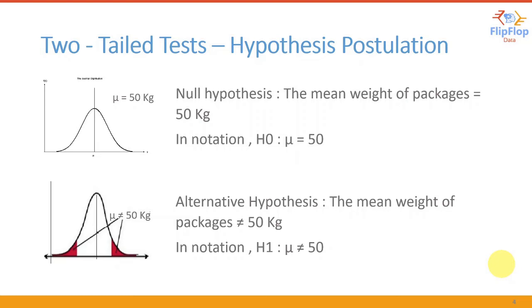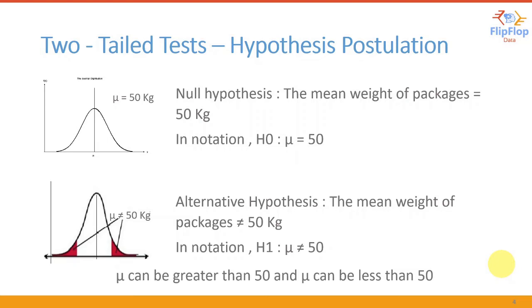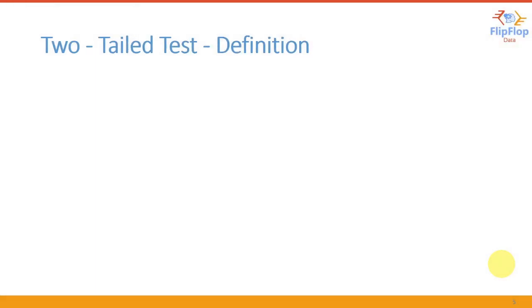When we say mu is not equal to 50, it means mu can be greater than 50 and mu can be less than 50. That is, the values are spread on both sides, with the mean weight being the center or the boundary. So now how do we formally define two-tailed tests?